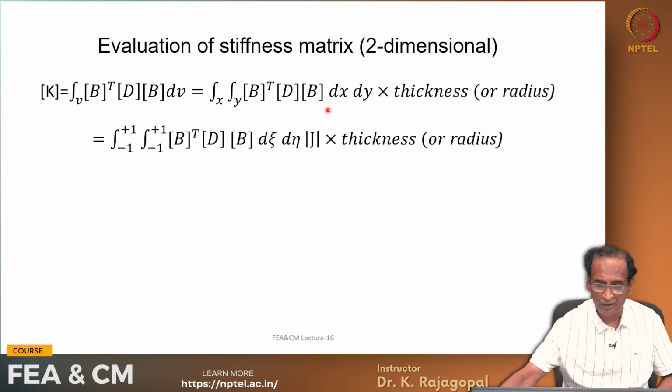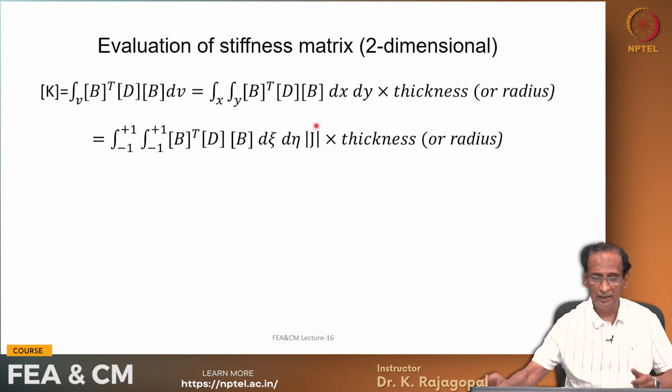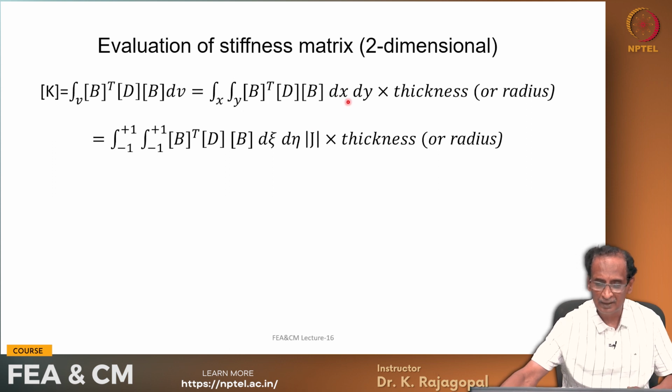And we also know the relation between the Cartesian coordinates and the natural coordinates. The dx dy is equal to the determinant of the Jacobian matrix multiplied by dξ dη. So, we can write this integral from minus 1 to plus 1, minus 1 to plus 1, B transpose D B dξ dη multiplied by the determinant of the Jacobian matrix.